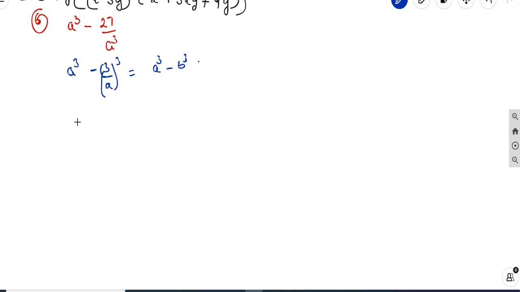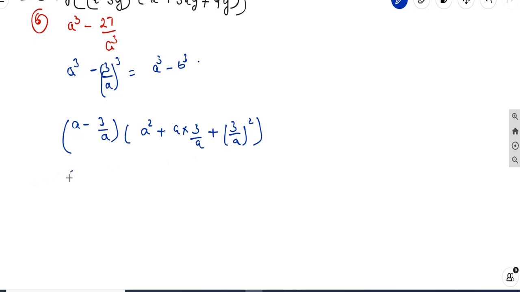What is the identity? It is a minus 3 by a, as it is minus here. Okay, so close the bracket. Okay, so this is a square. A is how much here? A is a only. So this becomes a square plus a into b, a is a into 3 by a. Okay, plus 3 by a whole square.